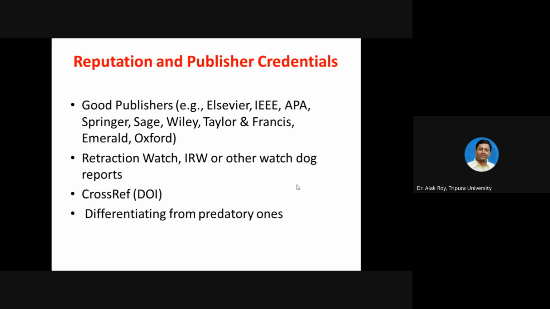Then Crossref. Crossref is another thing which you can check for whether the journal supports that. Then what this will do is help you differentiate yourself and avoid the predatory journals.